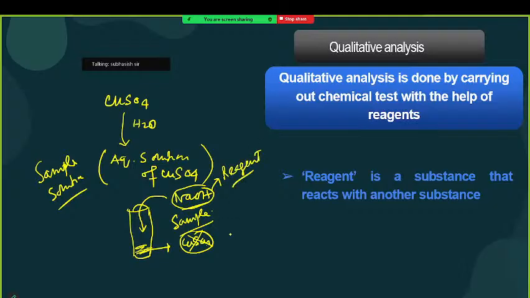A reagent is a substance that reacts with another substance, and this other substance is the sample.